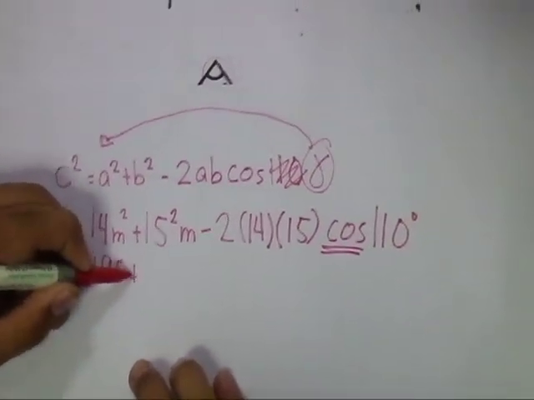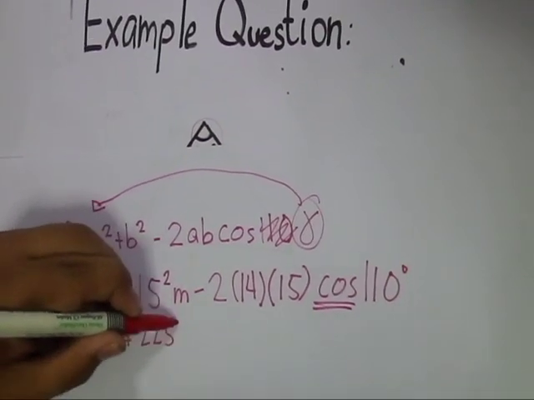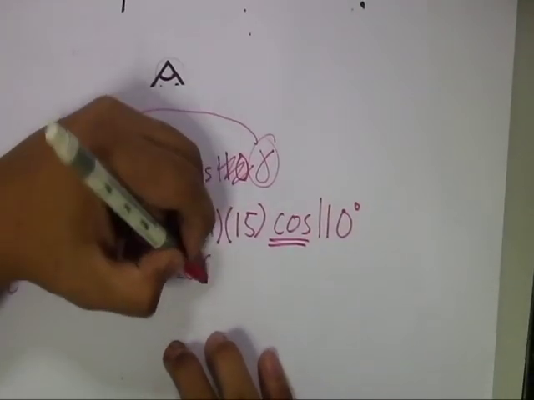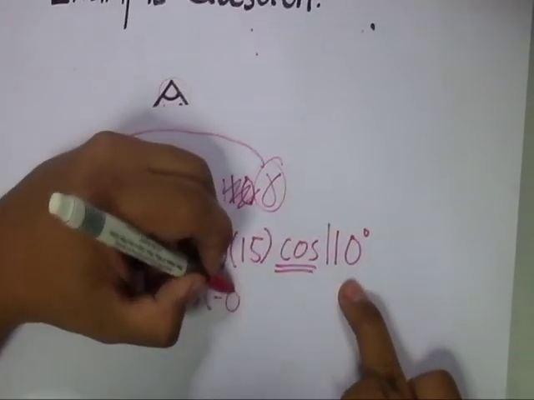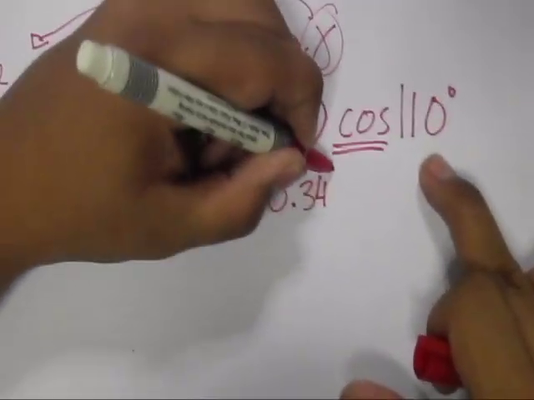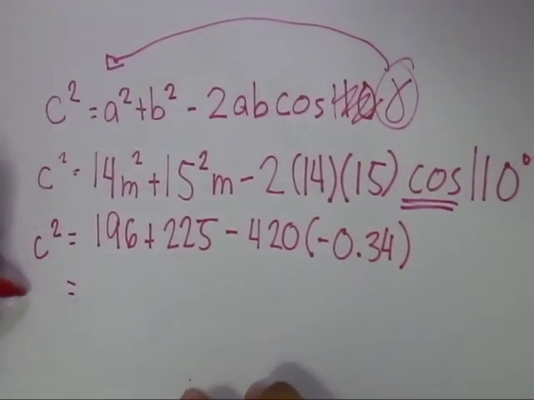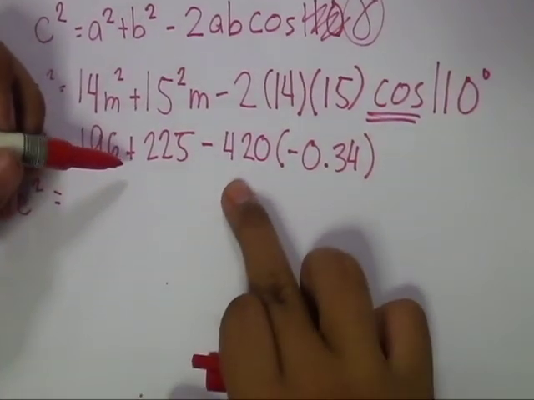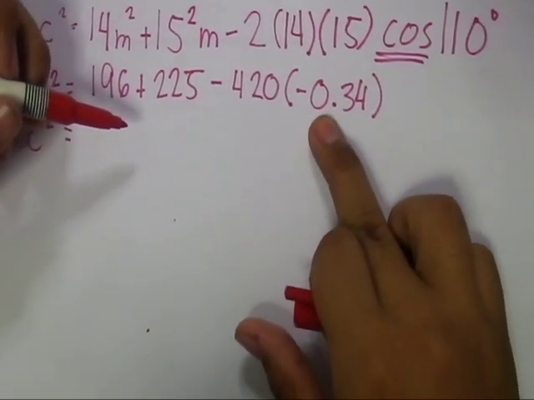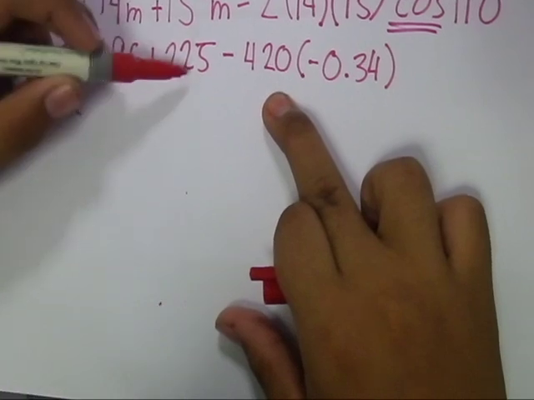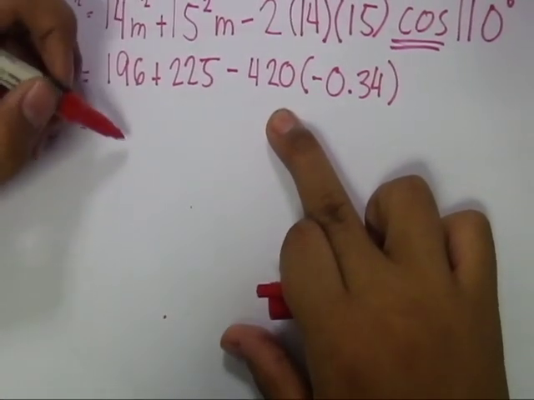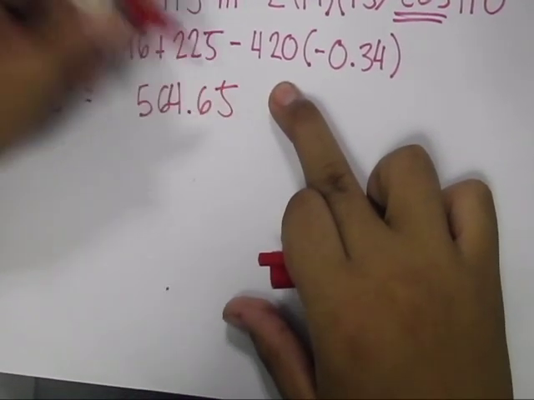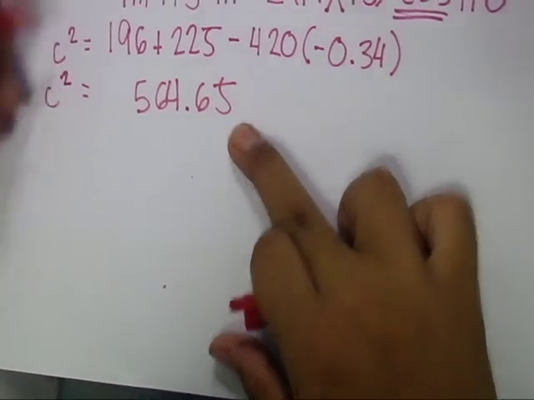14 squared is 196 plus 15 squared is 225 minus 420 multiplied by the value of cos 110 degrees. It's negative 0.34. Okay, and further on, 196 plus 225 minus 420 times negative 0.34 is 564.65.